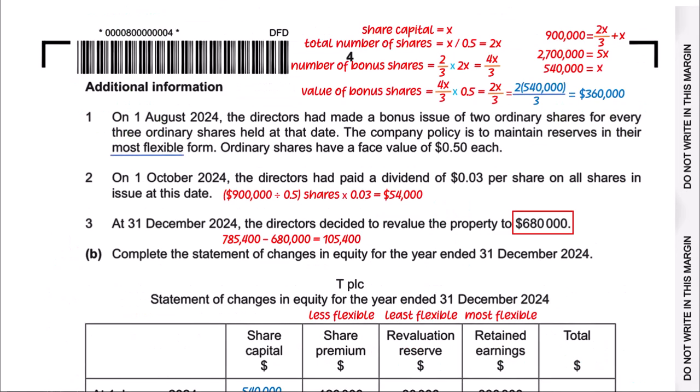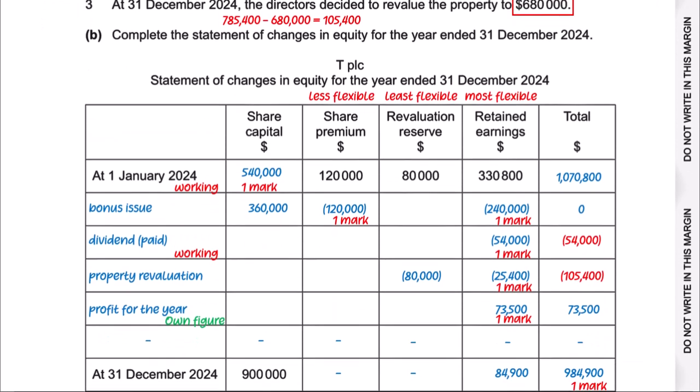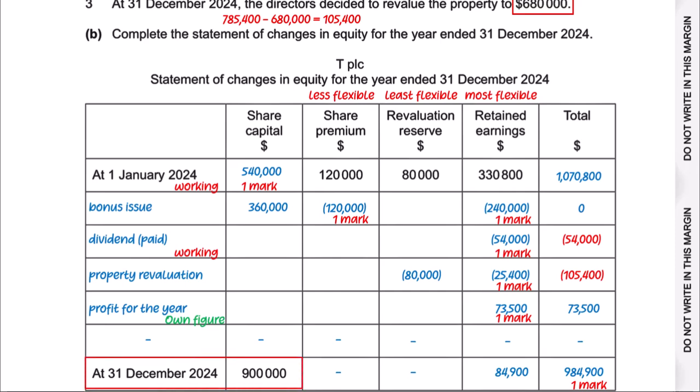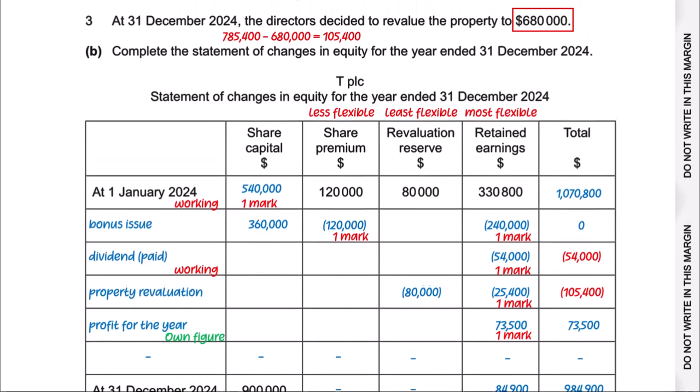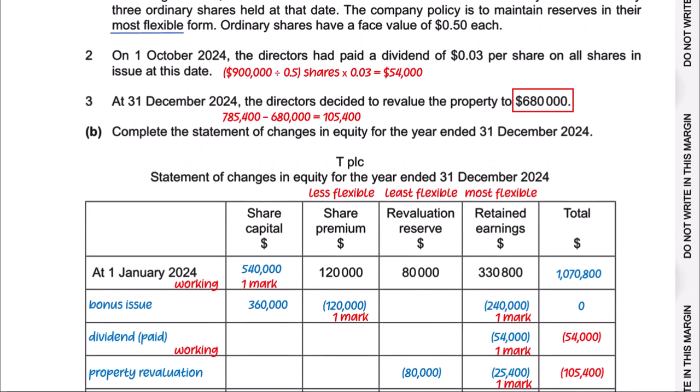Additional information number 1 is essentially a part of the equity. After the bonus issue, the share capital became $900,000, and in any case, this is the amount of share capital given in the question as of December 31. Additional information number 2 has no concern with the statement of financial position for now, so we will ignore it.